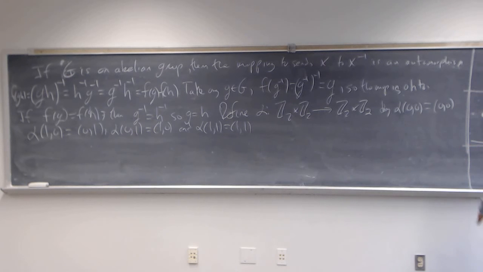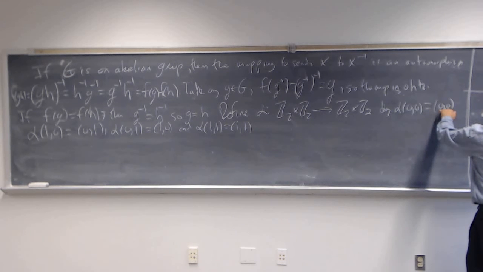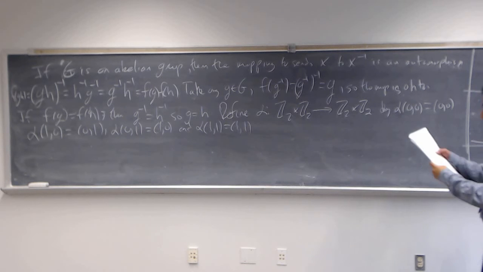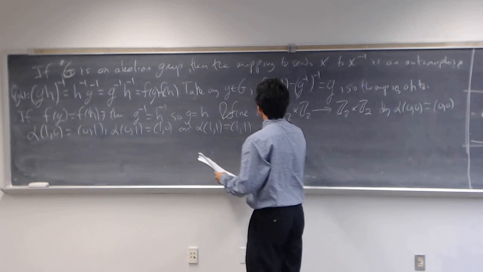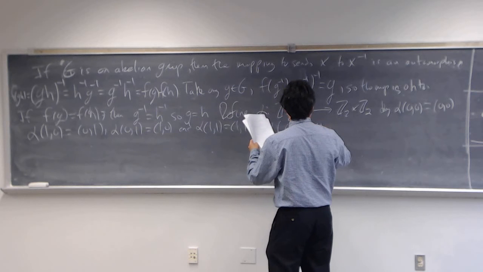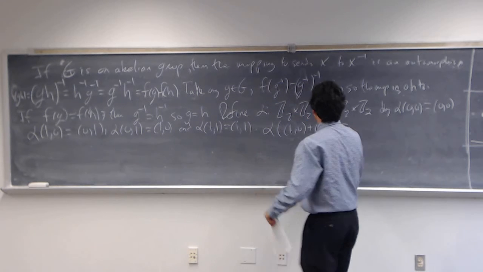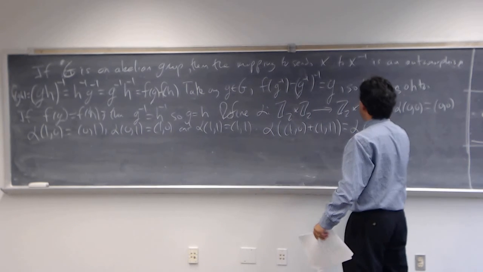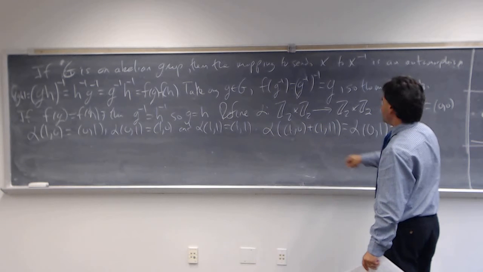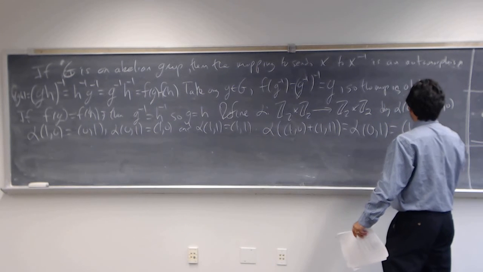Note two of the values of alpha on an element are the same. But I don't think it preserves the operation. I look at alpha of (1,0) plus (1,1). If we add that, again this is mod 2, so that would be (0,1). And that would get mapped to (1,0).